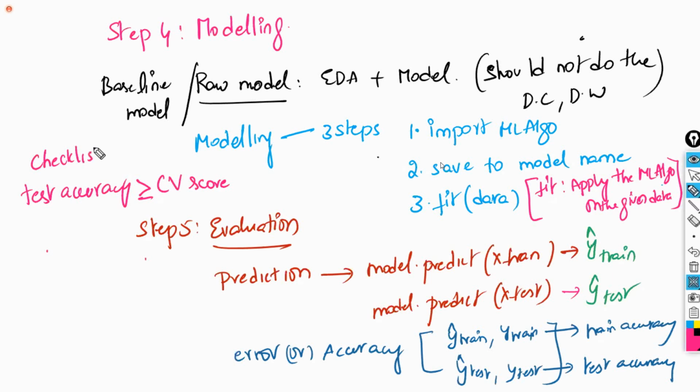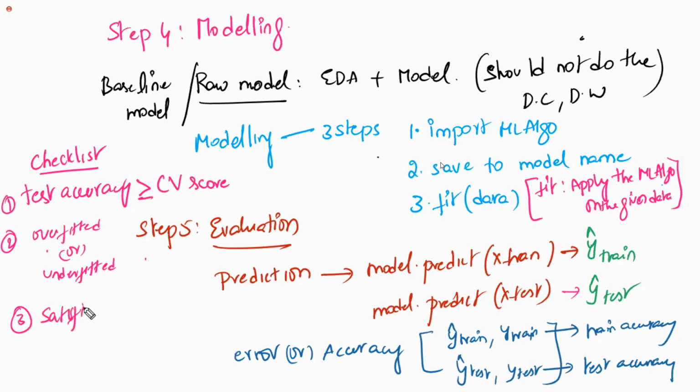Checklist one is this. Second is whether it is overfitted, underfitted, or a good model. Checklist number 3 is whether it satisfies the business problem target. Whatever the business problem target is, is it satisfied or not. This is the checklist.